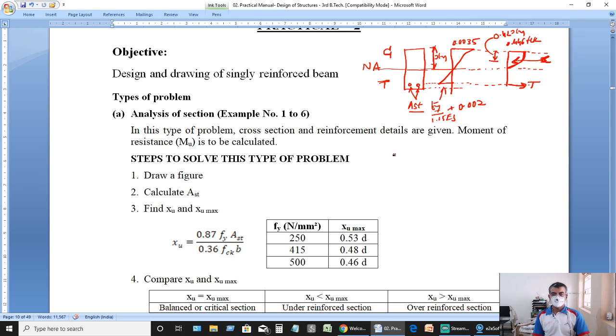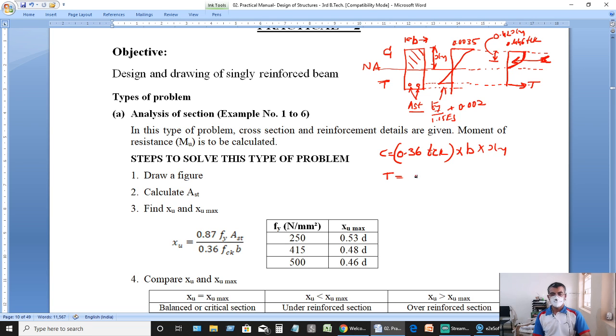C will be 0.36 FCK, this is the stress, into B, that is the width of the section, into XU, that is the section under compression.